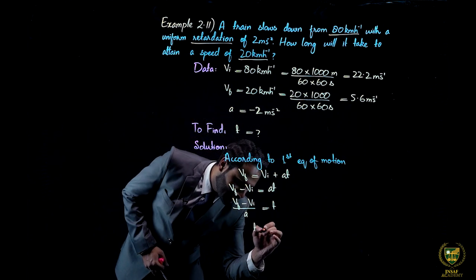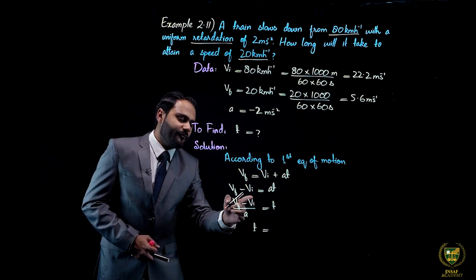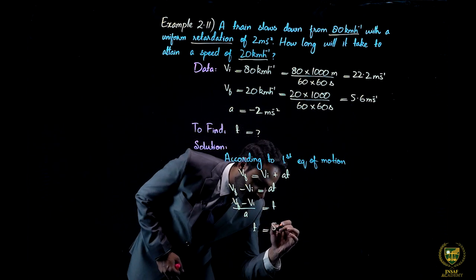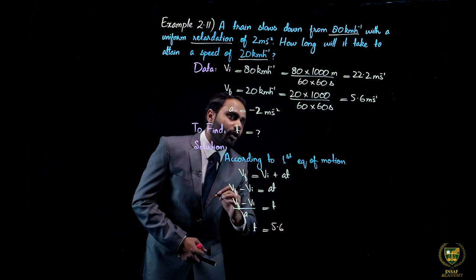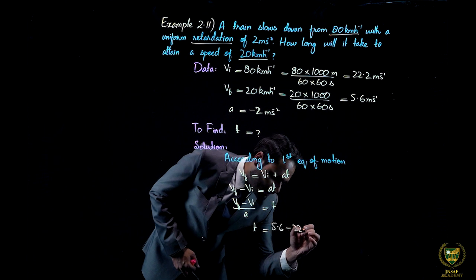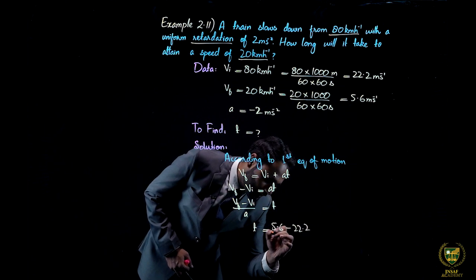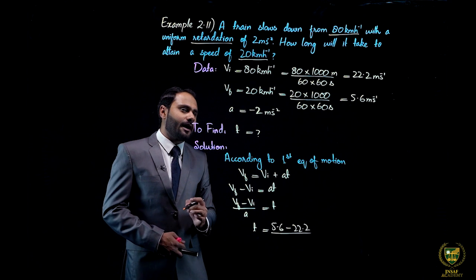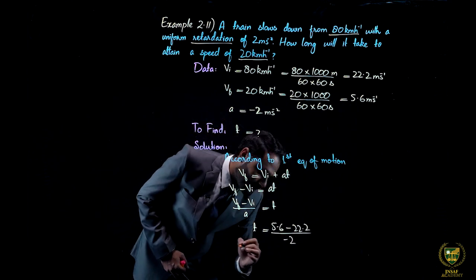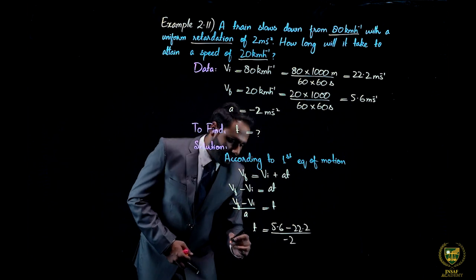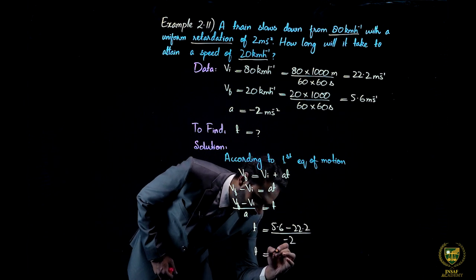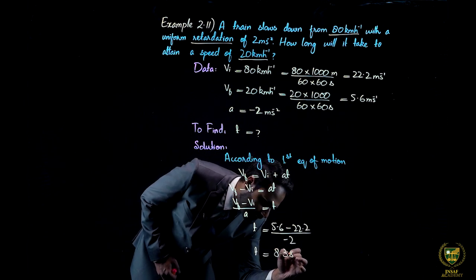So time t is equal to Vf minus Vi divided by acceleration. Vf is 5.6, Vi is 22.2, and the acceleration is -2. Solving this further, the final answer is 8.3 seconds.